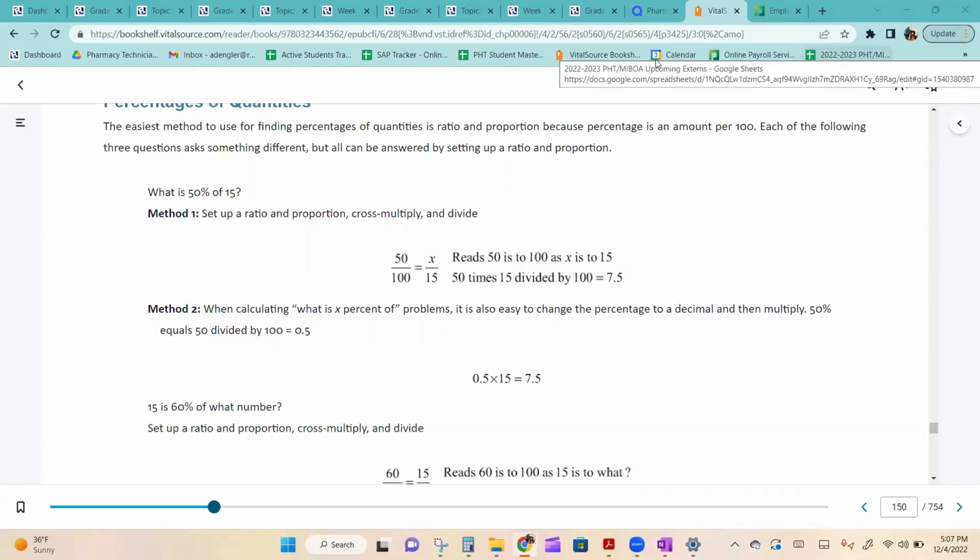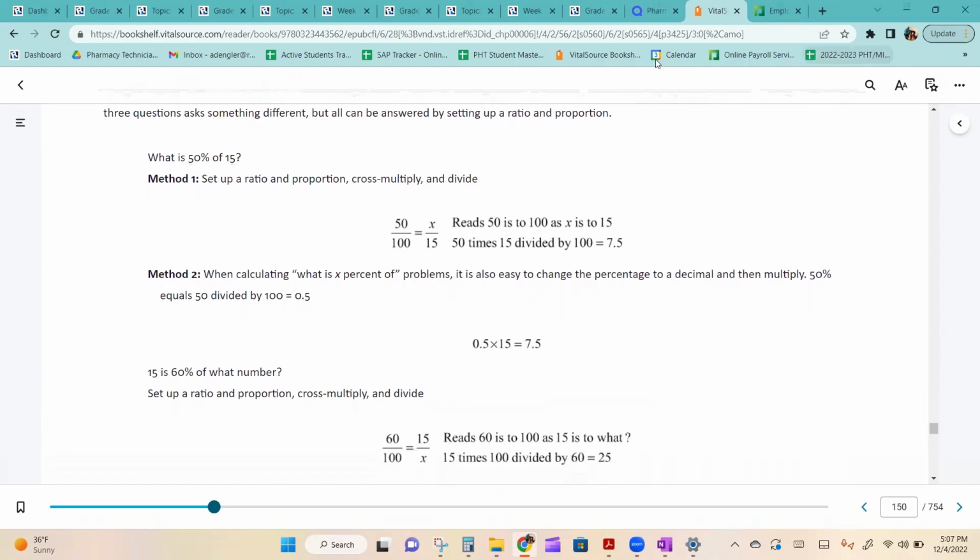So what we did was method 1, we set up a ratio and proportion, we cross multiplied and divided. Method 2, when calculating what is X% of something, it is also easy to change the percentage to a decimal and then multiply. So 50% equals 50 divided by 100.